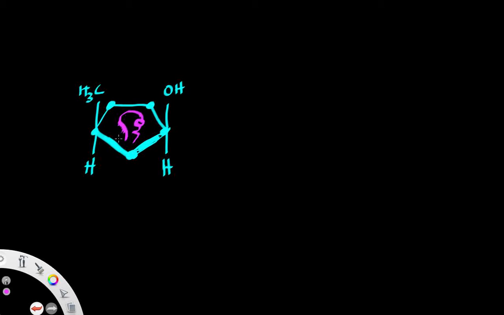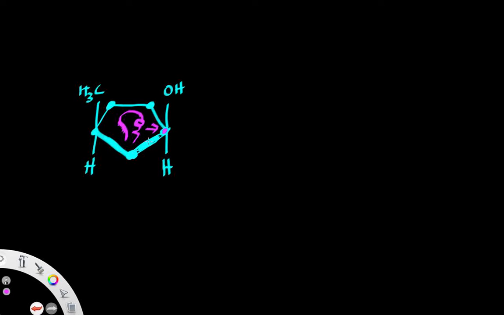But anyhow, if you are facing this direction and you are staring at this carbon, we can say now that you are going to be looking at it from the viewpoint of a Fischer projection.